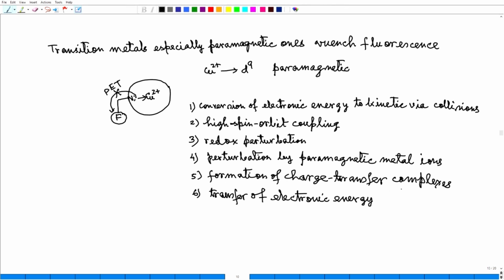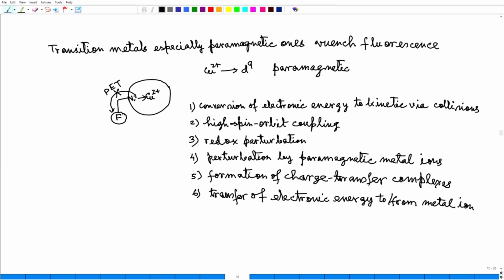Transfer of electronic energy to and from the metal ion. Okay. So, these are some of the mechanisms of quenching for transition metals.